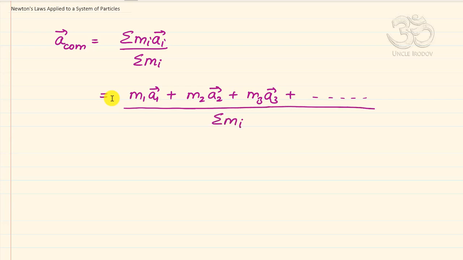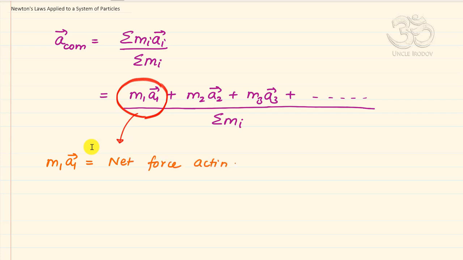So summation of mi, and let's pay closer attention to this first term, that is the mass of the first particle multiplied by the acceleration of the first particle. So you see that m1a1 is the net force acting on the first particle.